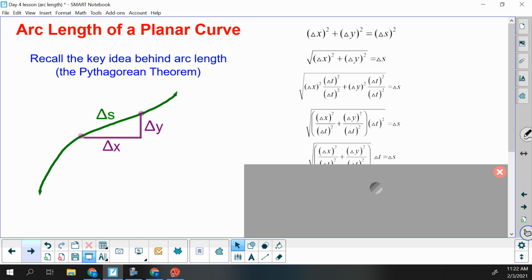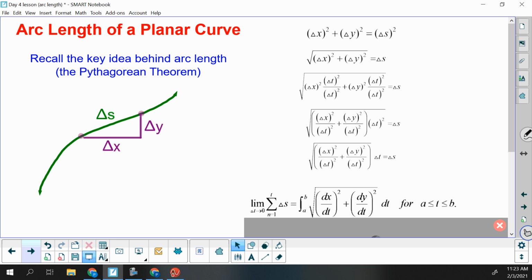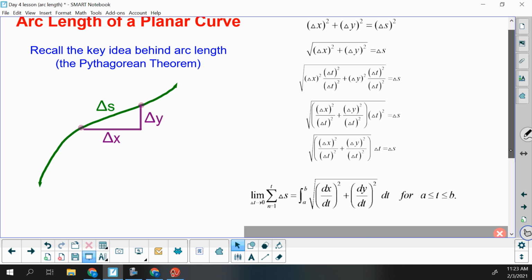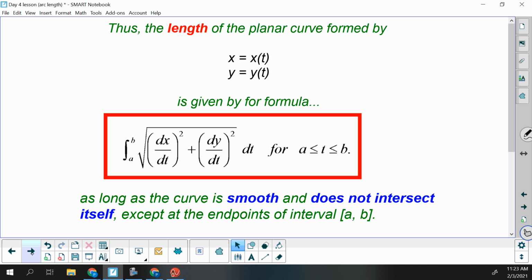Square root of delta t squared will just be delta t, and then we could put those in one parenthesis. So really what it'll eventually give us is the integral of just our x component derivative squared plus our y component derivative squared, all under a square root. And you've got that written nicely down on the bottom.